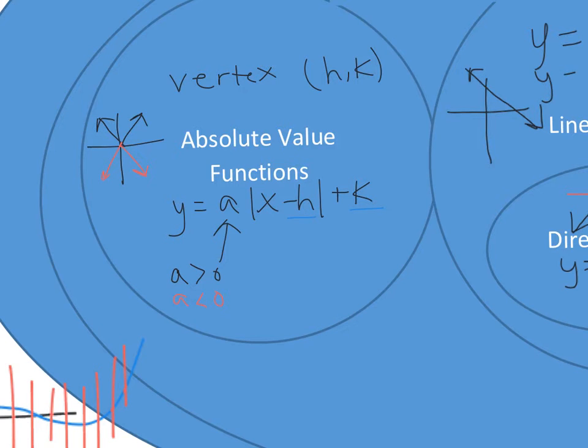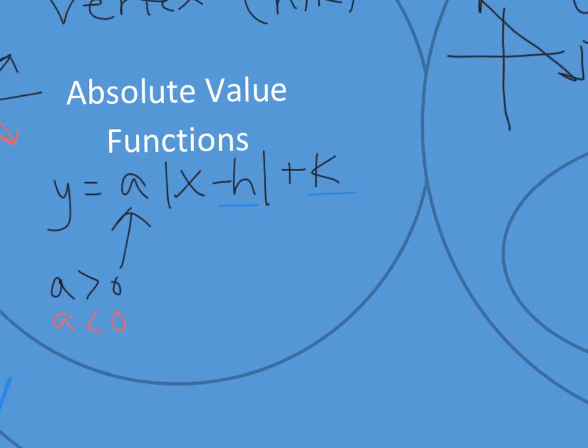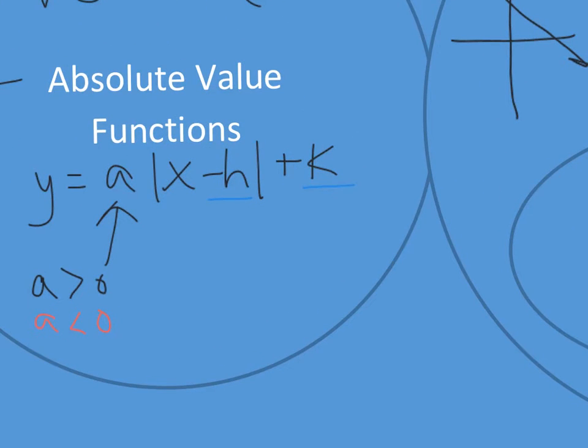We also talked about how a has a stretch or a shrink aspect to it. If we took the absolute value of a and it was between 0 and 1, then it was going to be a vertical shrink. This is shrinking in the vertical direction.